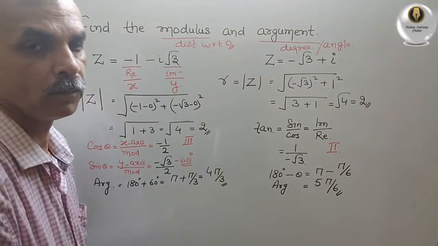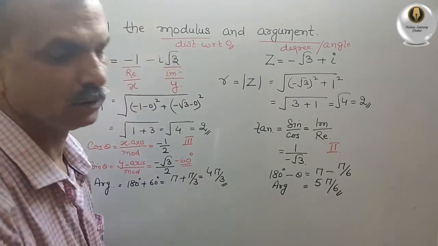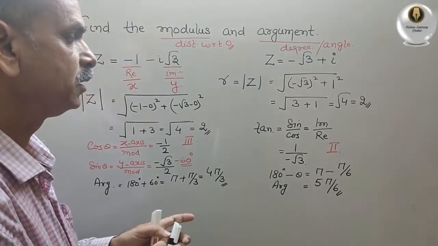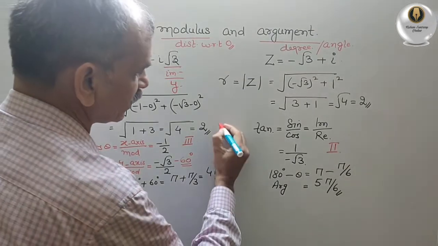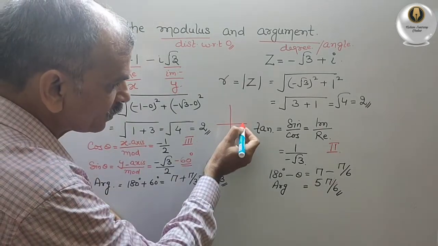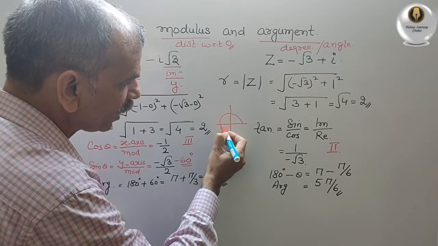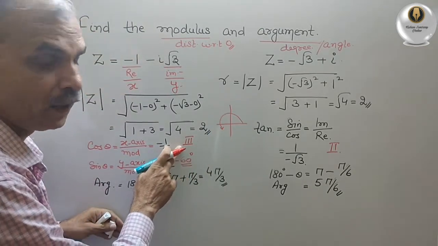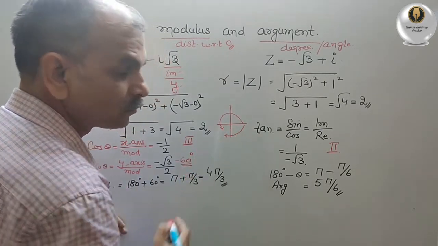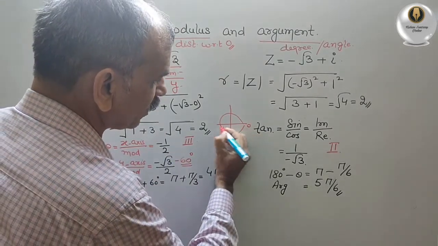Now, but in your book, they might not have given this answer. Why? If your coordinate is like this, and we have taken the angle argument from this way, and we have gone in the third quadrant. But if you go in this way, that means clockwise, then what will it be? You can see 0 is here, pi is here.